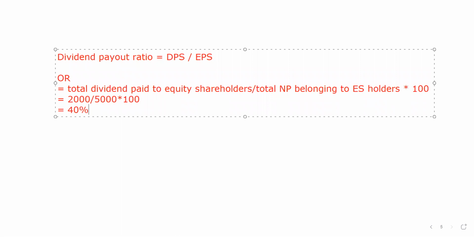For that particular net income, they were paid 40% of their net income as dividend. So that is the meaning of this particular ratio. So the earnings belonging to equity shareholders are rupees 5,000 and from that 5,000, 40% is given to the shareholders in the form of dividend, or dividend payout.